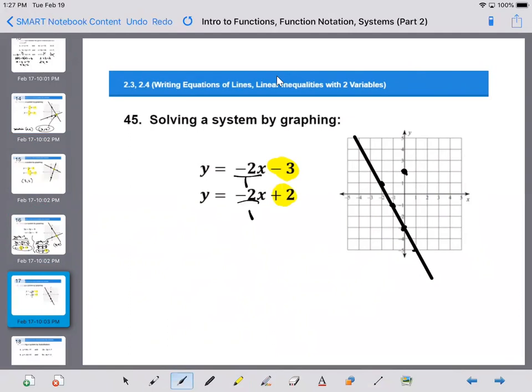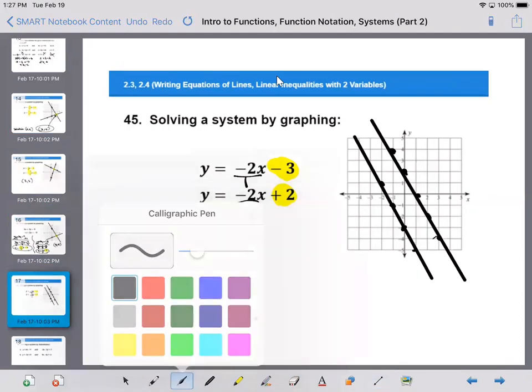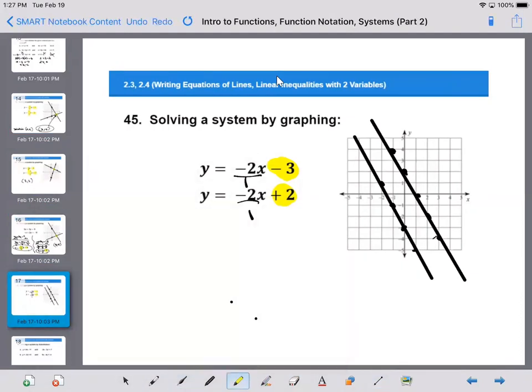So we know what happens when we have the same slope. We're going to have parallel lines. And remember, parallel lines have different y-intercepts, but the same slope.